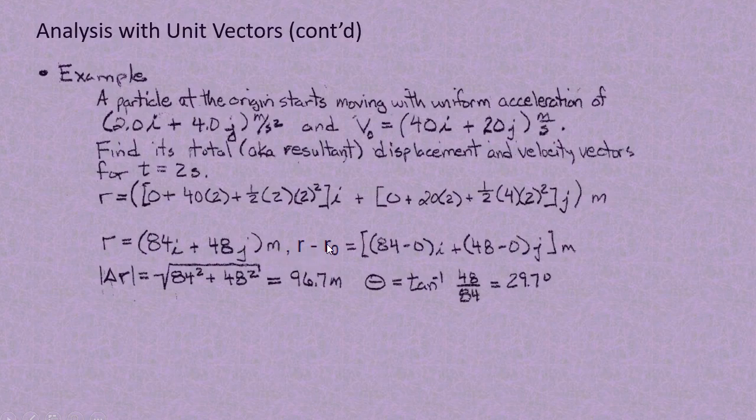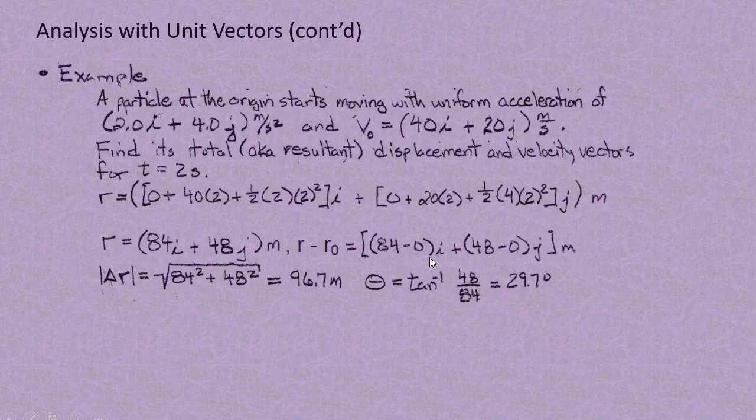To find displacement, we need to take our final position, which is at time 2, that's what we just calculated here, minus our position at time 0. Well, it started at the origin, so our initial position was 0 i plus 0 j, and our position at 2 seconds was 84 i plus 48 j.